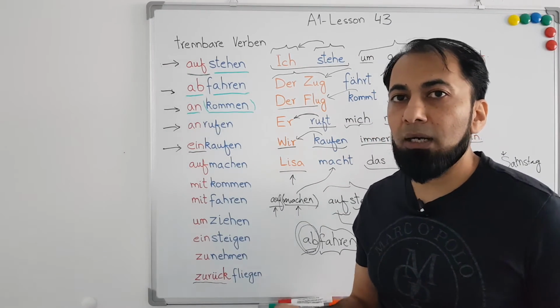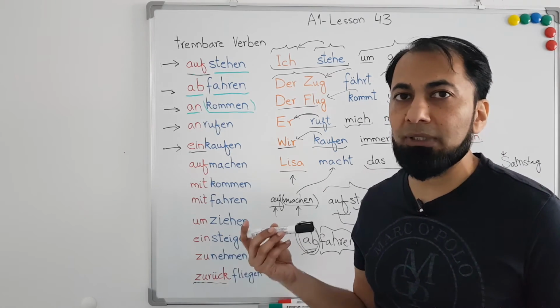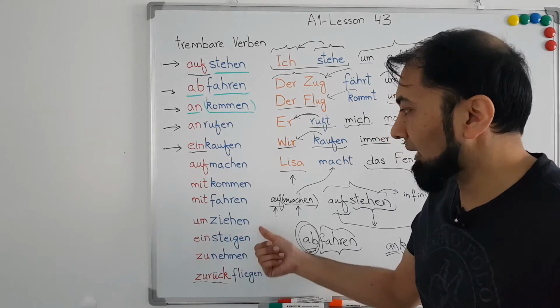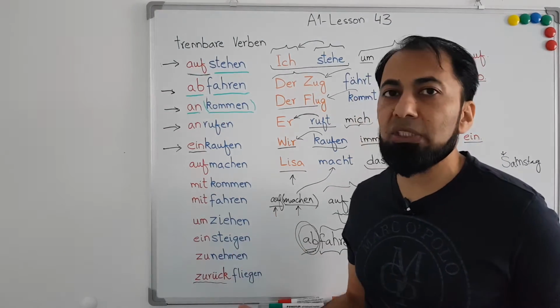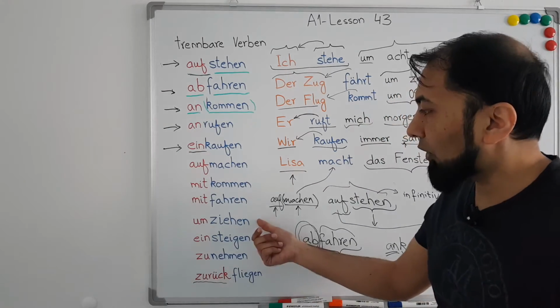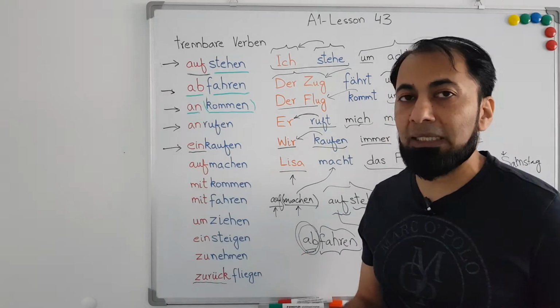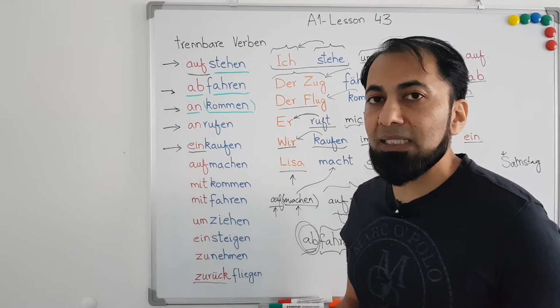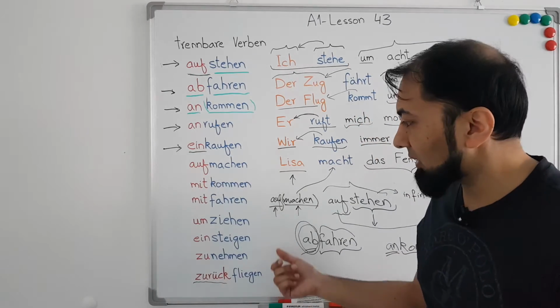So if you are moving from one place to another, within a city or within the country, you can use this verb umziehen. Ich ziehe um, for example, I relocate. For changing clothes, you can also use this verb umziehen, but then it will be a reflexive verb. So sich umziehen means to change clothes.